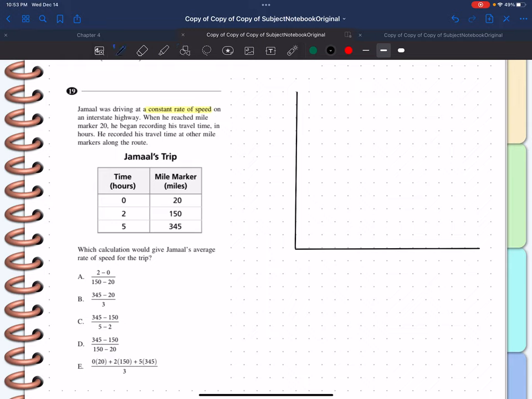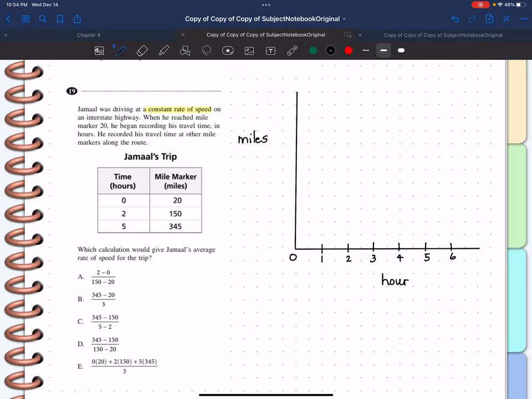And we are graphing miles per hour. Hour is the independent variable. That's the one that Jamal can control, how many hours he's going to drive. And we have this marked from 0, there's 1 hour, 2 hours, 3 hours, 4 hours, 5 hours, and I'll go ahead and put 6 down.